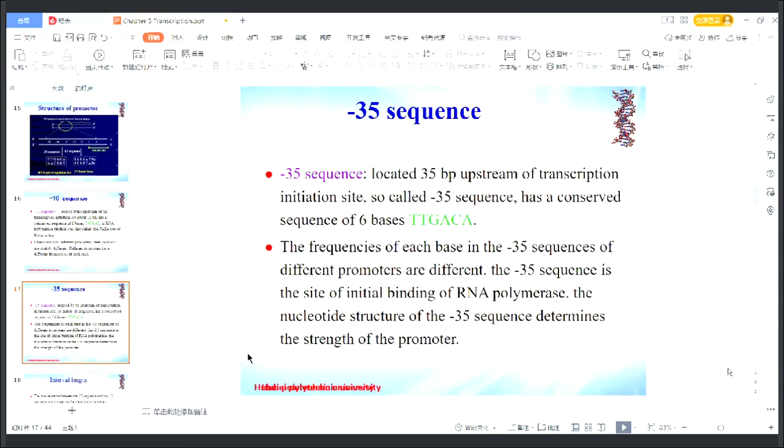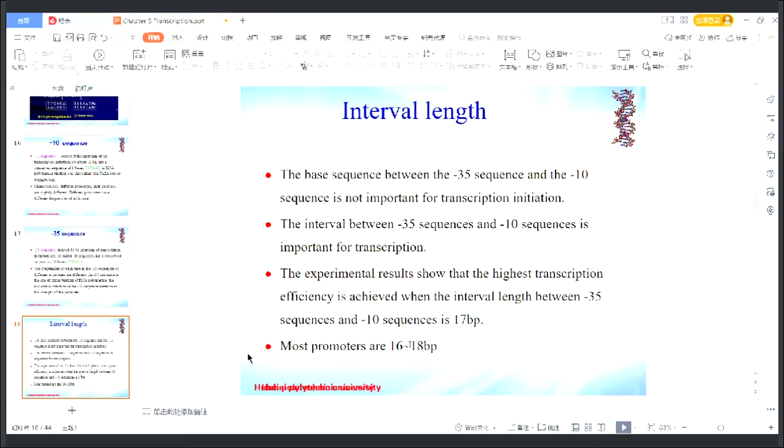And another thing, teachers, you just see is the negative 10 sequence and negative 35 sequence. These two conservative sequences are located about 35 nucleotides upstream and about 10 nucleotides upstream. For prokaryotic organisms, the interval length between these two sequences has a very important function.